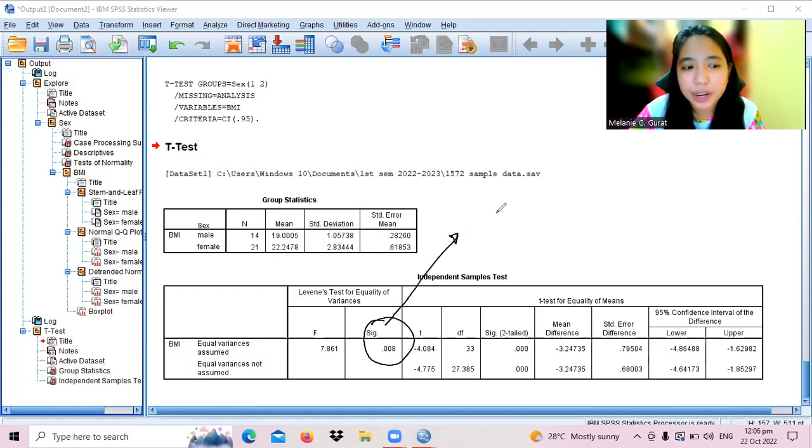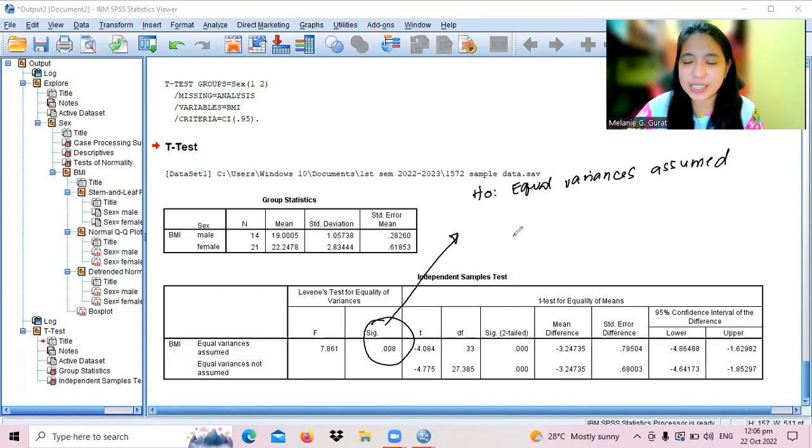So similar to how we concluded whether we will be using the first result or the second result, we consider our test, and HO here means that we have equal variances assumed. So of course, the HA is equal variances not assumed.